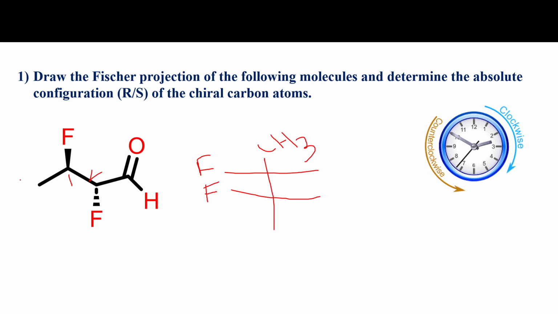Now we have to find out the RS nomenclature. This will be first, this will be second, this will be third priority, and 1, 2, 3 rotate clockwise. And the 4th priority is below, so this will be R. Here, this will be first, this will be second, this will be third priority.